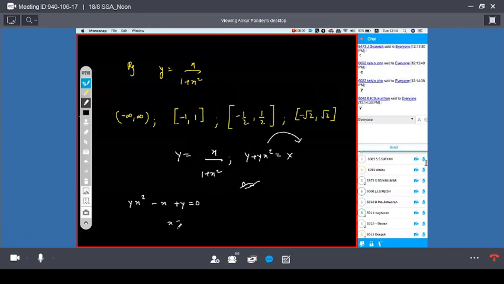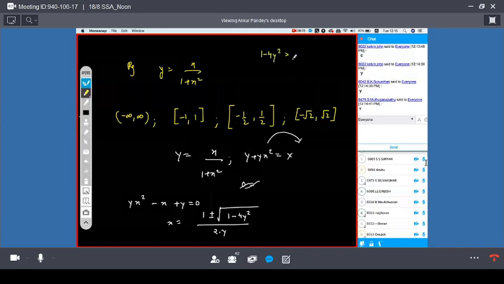So you'll be like x equal to minus b plus minus under root b square minus 4ac upon 2a. The only thing is, bhai, this 1 minus 4y square should always be greater than or equal to 0.